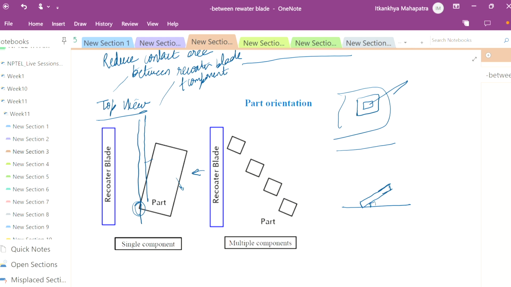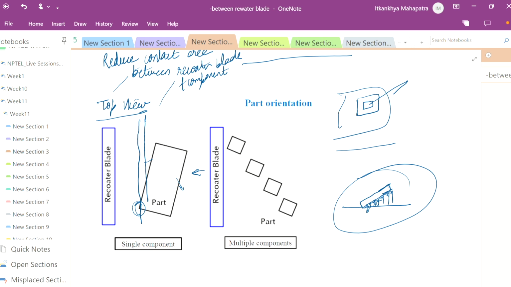These are the supports we are providing at the theta angle. But we do not usually go for this position because we have to provide supports.